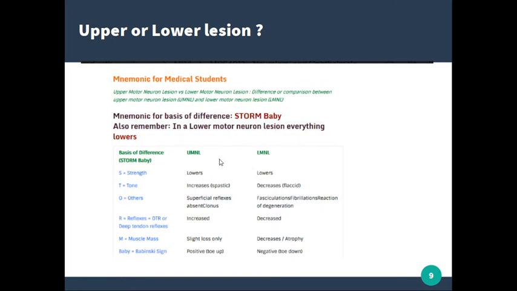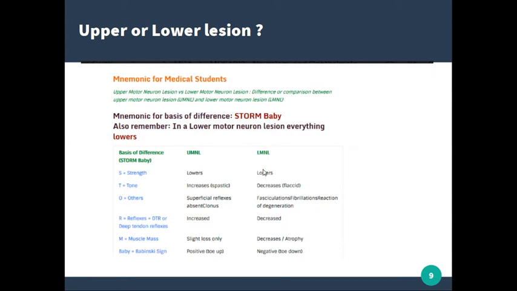In upper motor neuron lesions, where the lesion would usually be in the brain, in the cerebrum or the cerebral cortex, the strength will be low, the tone will be increased, and the reflexes are increased, with clonus, for example. There is a slight loss of muscle mass, which is only slight, and we have a positive toe-up Babinski sign.